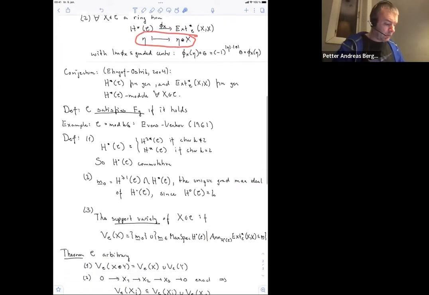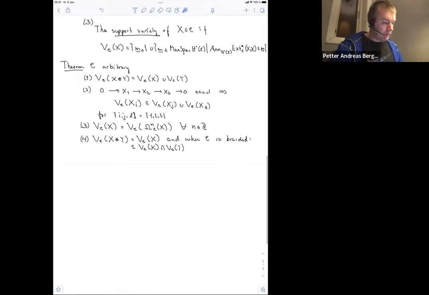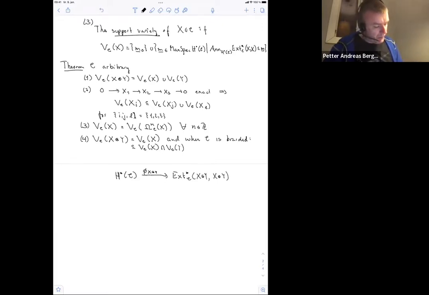So what happens if you take a tensor product X tensor Y? Well, then you go from the cohomological ring via this map phi X tensor Y into the Ext algebra of X tensor Y. But how do you do this?